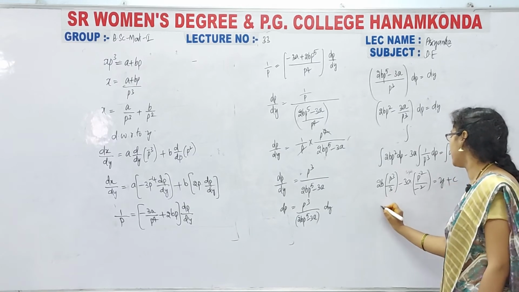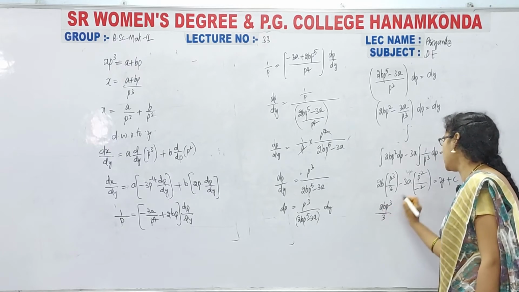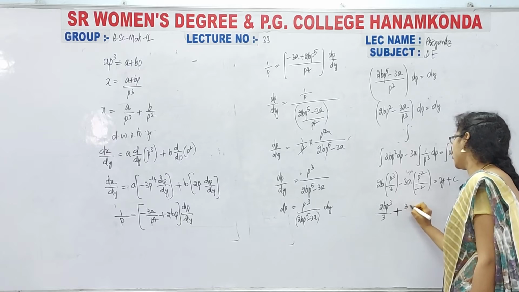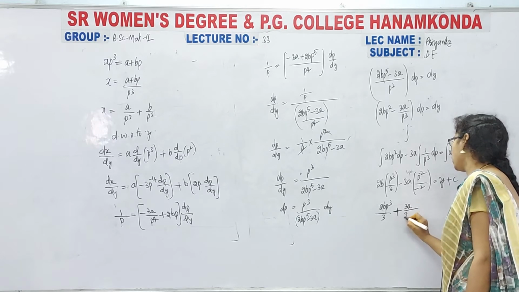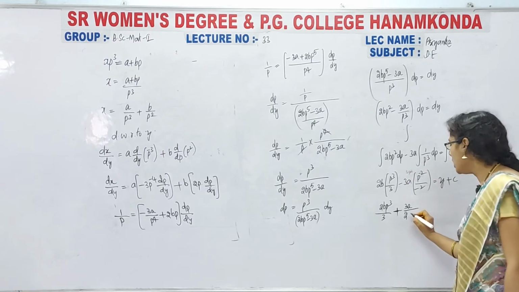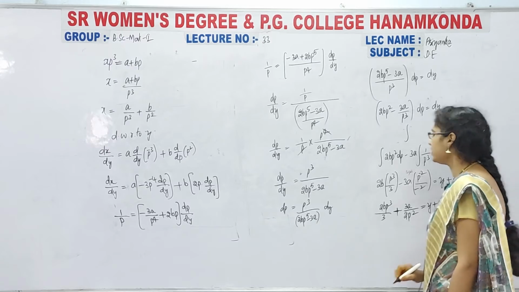So now we get 2bp cube by 3, minus into minus gives plus, 3a by 2. Since I have p power minus 2, I take it to the denominator, so p square equals y plus c.